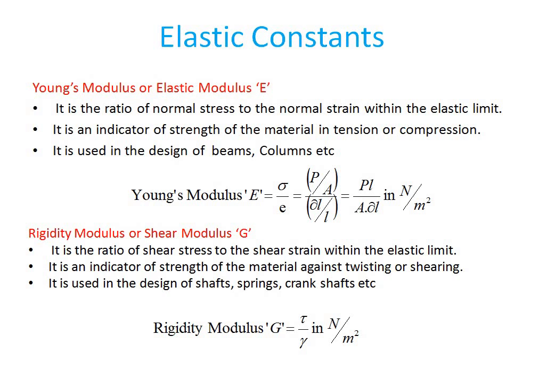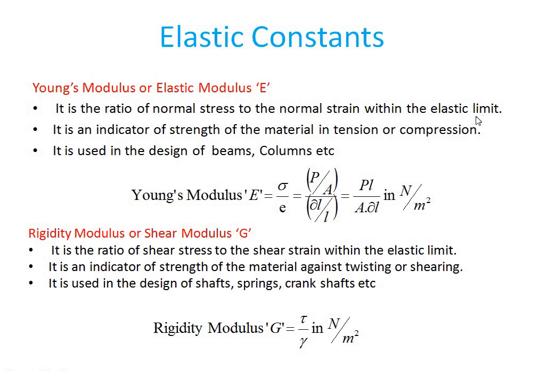Let's see them one by one. Young's modulus, or elastic modulus E, is the ratio of normal stress to normal strain within the elastic limit. Remember, within the elastic limit. We will see that later in the stress strain diagram, but for now remember the words elastic limit.